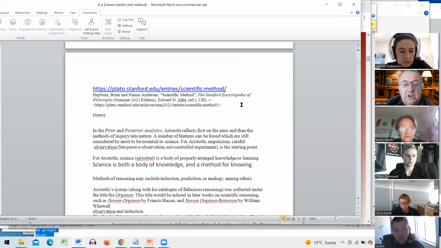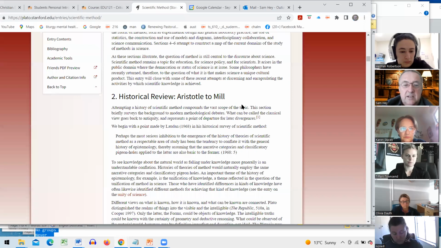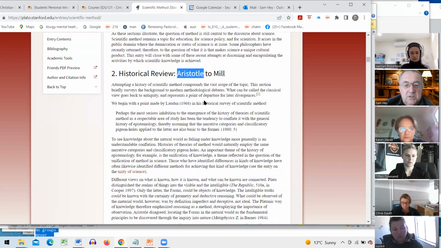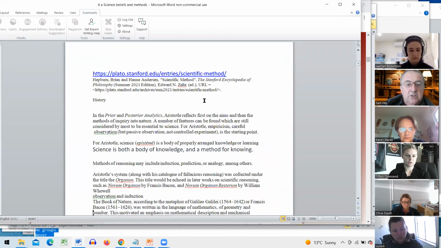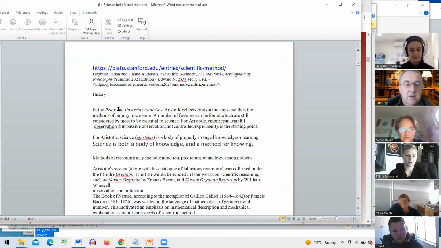When it comes to science, science goes way back to the Greeks, and Aristotle came up with some ideas on science. We could go back 2,000 years and look at Aristotle's ideas on science. And interestingly, the same ideas about knowledge from 2,000 years ago are still used somewhat today.